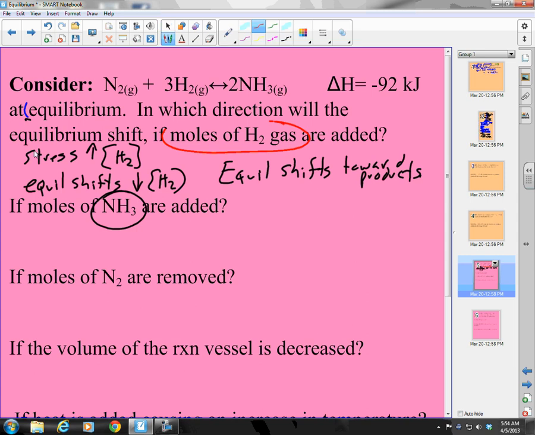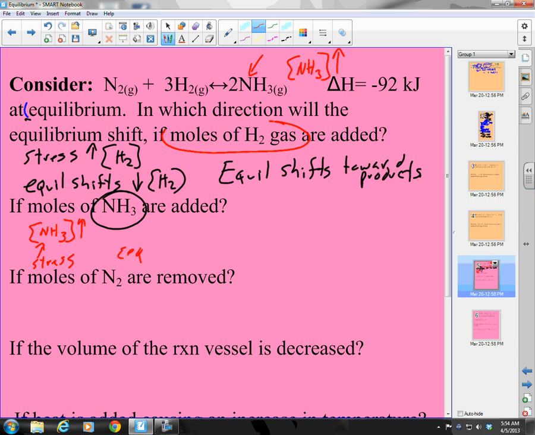Okay, so if moles of ammonia are added, what's going to happen to my ammonia concentration? My ammonia concentration is going to increase. That's the stress. What's the equilibrium going to do?